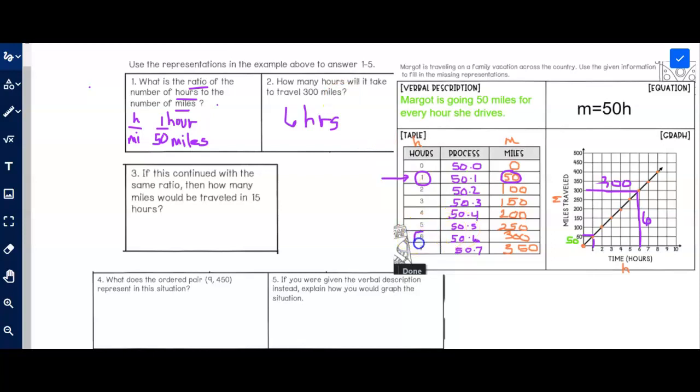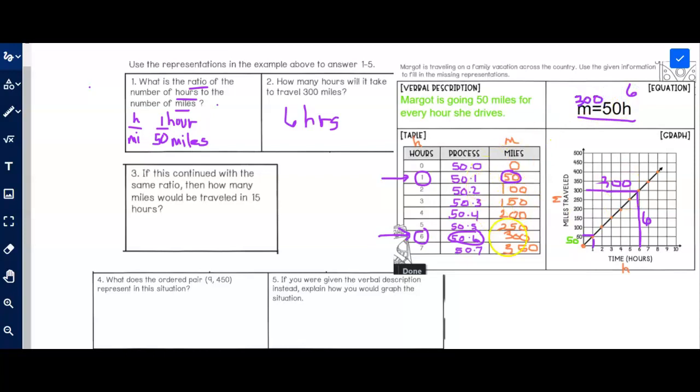But we did fill out a table and we did get the value right here. We got it from the graph, 6 and 300, but we also got it using the process. The unit rate, 50 times hours 6 gives us 300. And that's right here. 50 times 6 gives us 300.